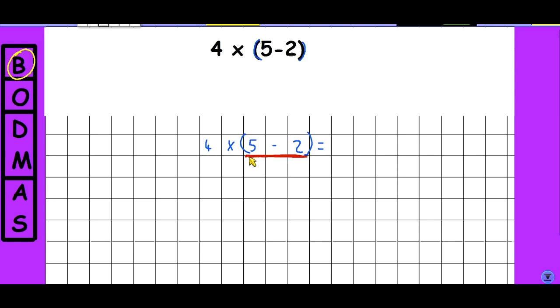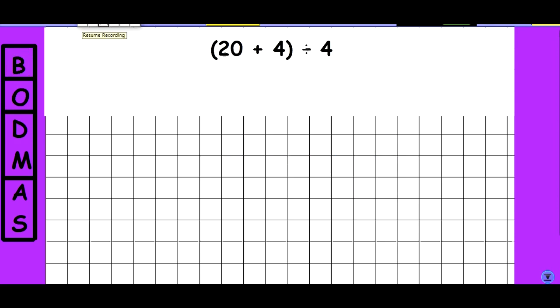What is 5 minus 2, because that's in the brackets? Well, 5 minus 2 I know is 3. So really what I'm being asked is 4 times 3. And that is a very simple calculation. 4 times 3, 12. So there we go. By doing the brackets first, we're then able to simplify it and work out the actual answer.